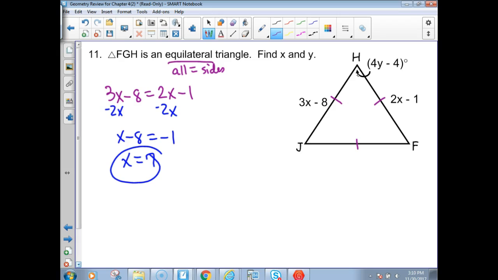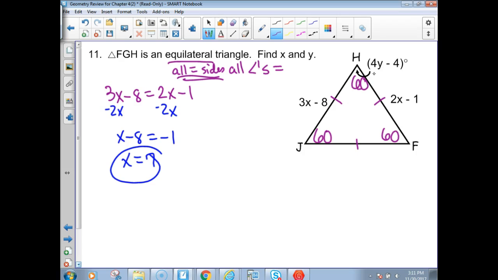That arrow's pointing at angle H. How do I know what to do if they didn't put any numbers on here? All sides equal, and all the angles are equal. How big is each one? 60, Kenny, yep. They're all 60.